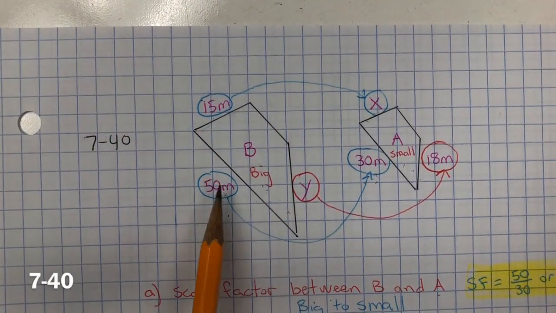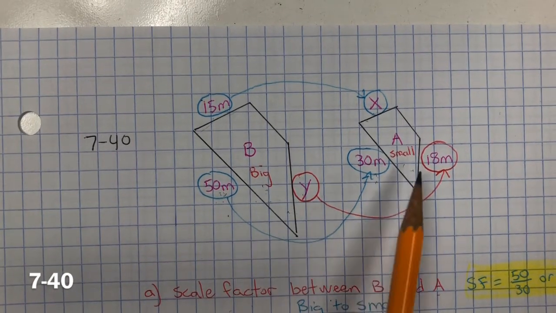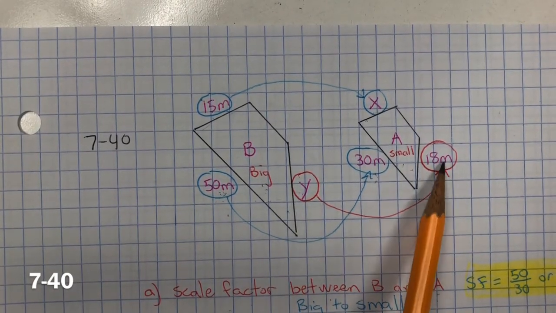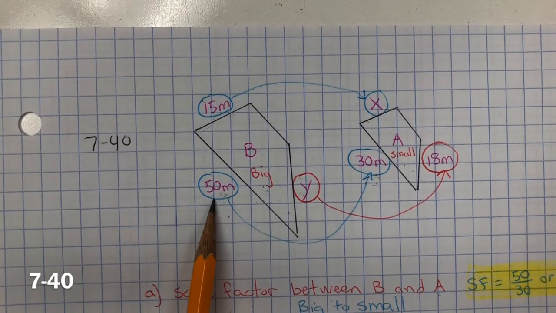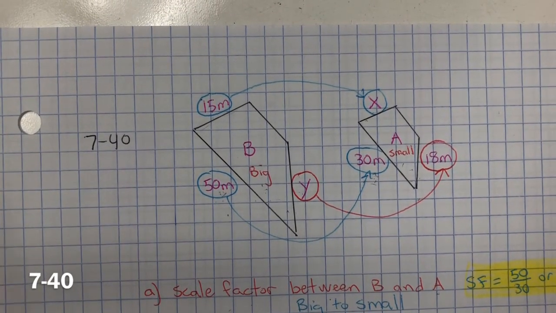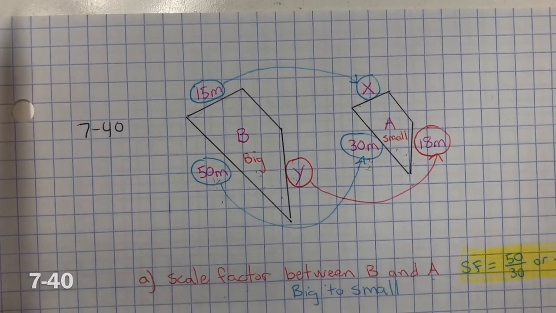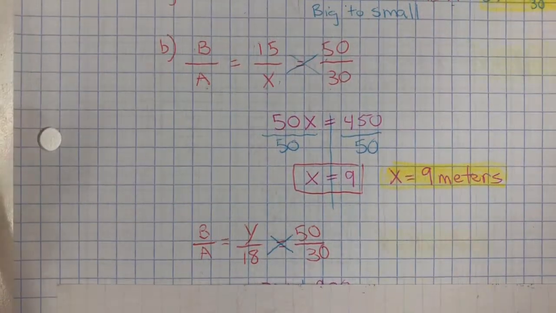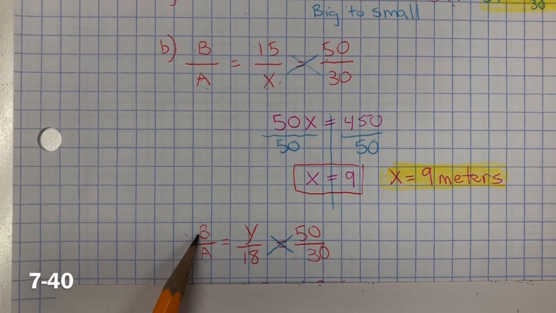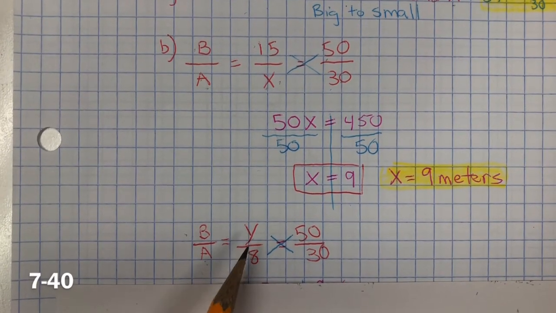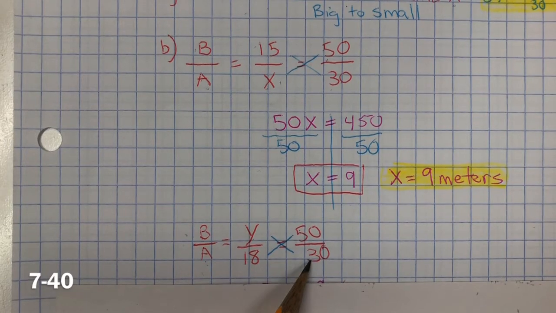To find y, we do the same thing. So big to small, y over 18. And I'm going to use these two corresponding sides again, 50 over 30, and set it up as a proportional relationship. Here we have big to small, B to A, y over 18 equals 50 over 30.